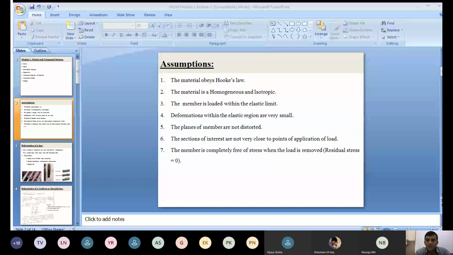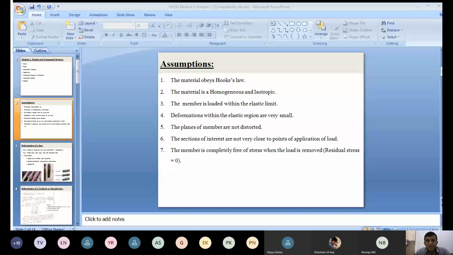Whatever load we are applying, that load should be within the elastic limit only. This is a very important assumption. The material will not cross the yield point, or it will not undergo any plastic deformation. That is the first assumption, the material obeys Hooke's law.